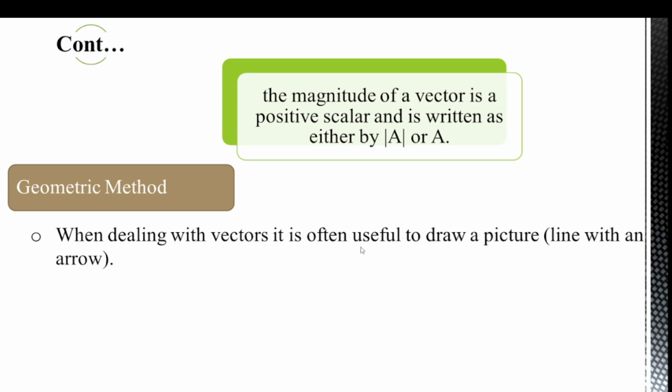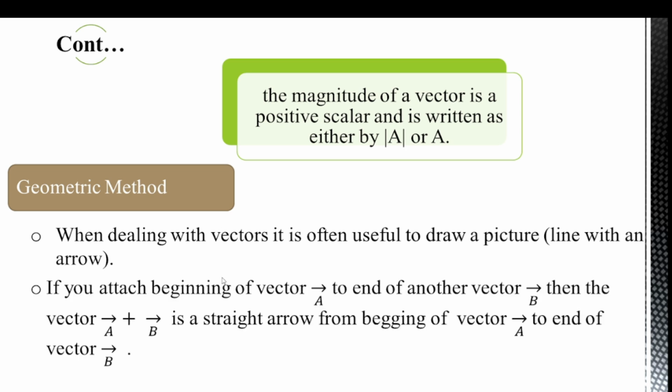Okay? That means a line with an arrow. This is very important. As what we have discussed earlier, the geometric method is one of the techniques to show, to illustrate, to narrate, to represent our vector.